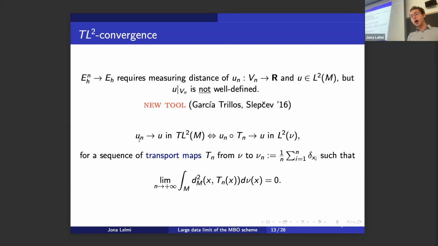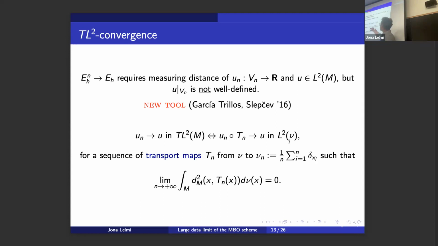a sequence of functions u_n converges to u in TL2 if and only if two things hold. The first thing is that there must exist a sequence of transportation maps between the probability measure nu and the empirical distributions of the first n data points, such that this limit holds true. And then it must be true that the composition of u_n with these transport maps converges to u in L2 on the manifold.